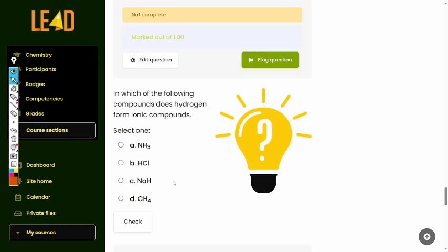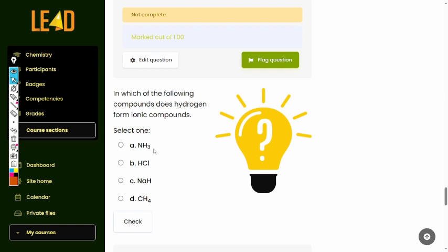29. In which of the following compounds does hydrogen form ionic compounds? Ionic compounds are mostly formed between metals and non-metals. Hydrogen is generally a non-metal, so for it to form an ionic bond, it has to bond with a metal. The first one is nitrogen and hydrogen.